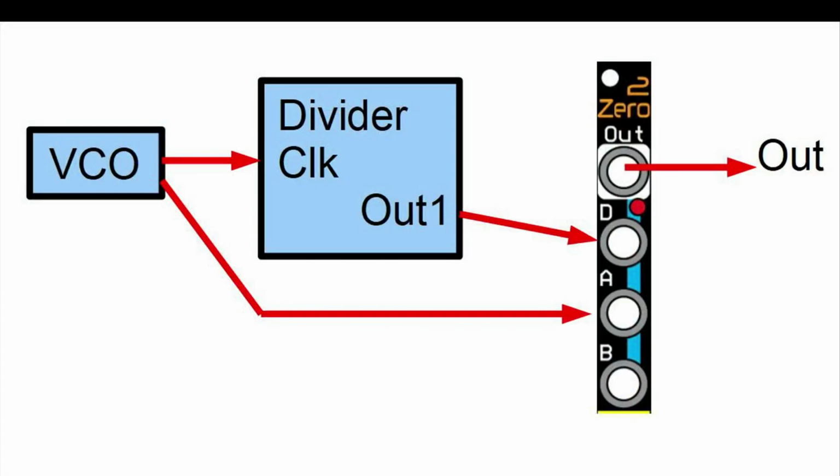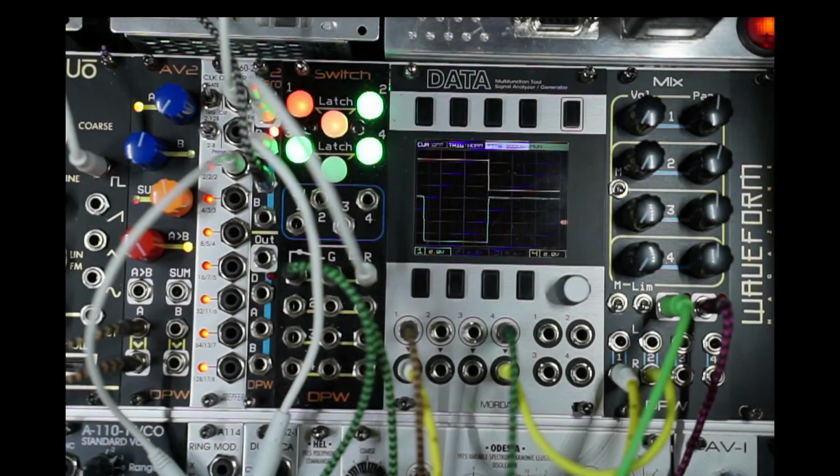That goes to my mixer, and it also goes into the clock divider as a clocking signal. But it also goes to input A on the Zero2. And out from the clock divider goes into D, like in data, and on the output you then get this stable signal.